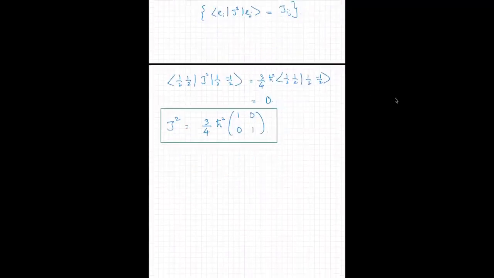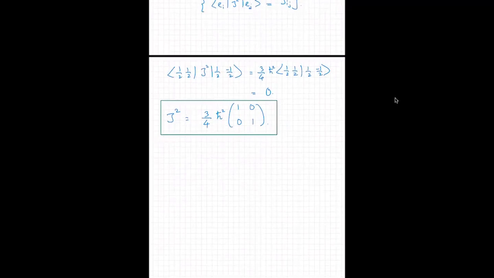Okay, so now let us ask what is the matrix for J3 in this basis. Again, since these are eigenkets for J3 also, the J3 operator is also going to be a diagonal matrix, but let us verify.